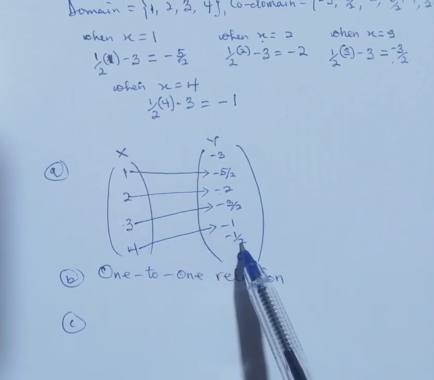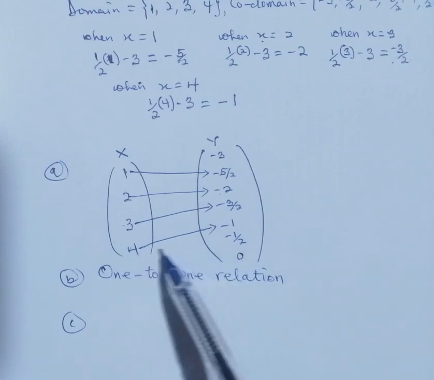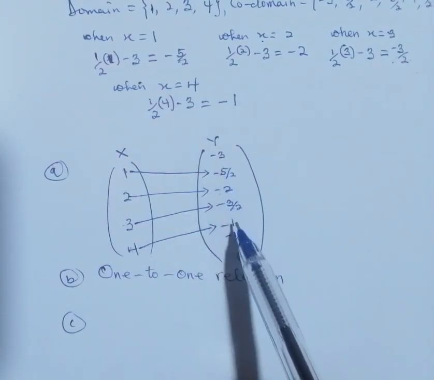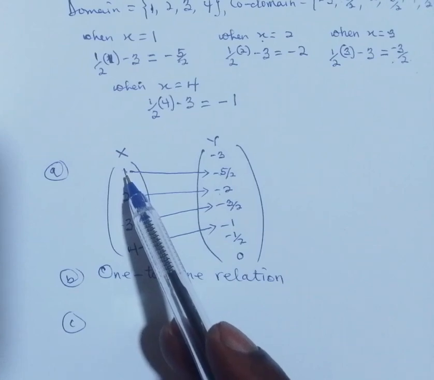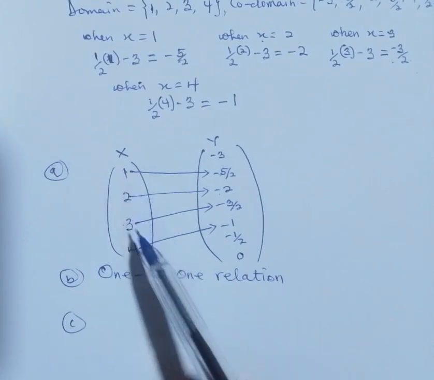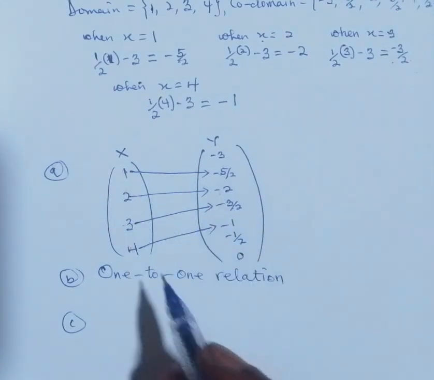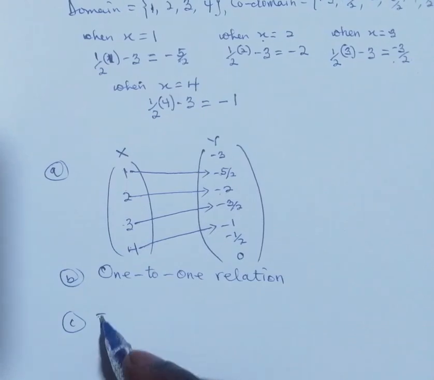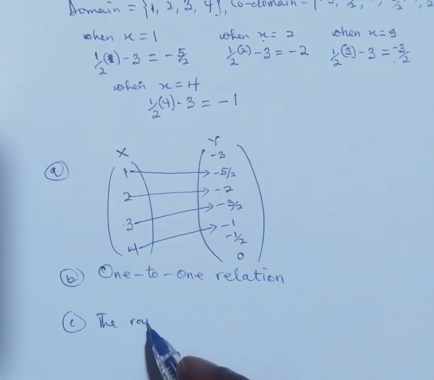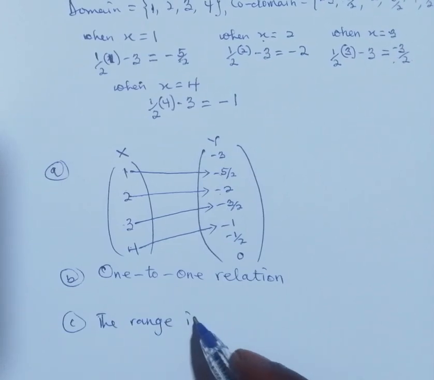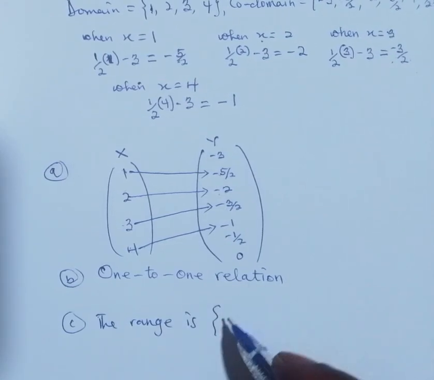Negative 1 on 2 doesn't have any element. 0 also doesn't have. So we are going to write only the elements that have correspondence in the x axis. Alright, if that is the case, then the range is what?